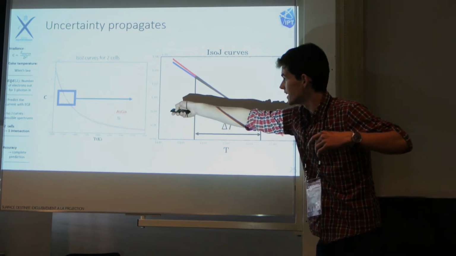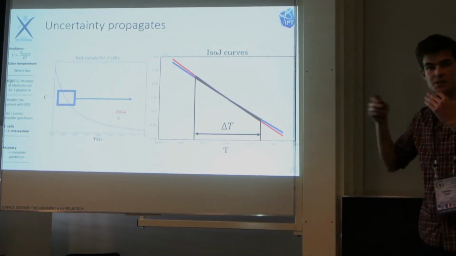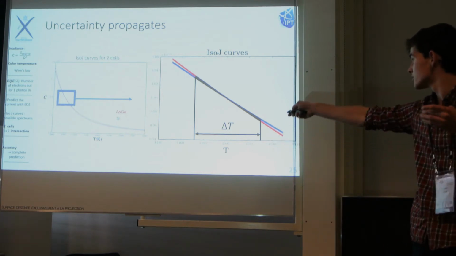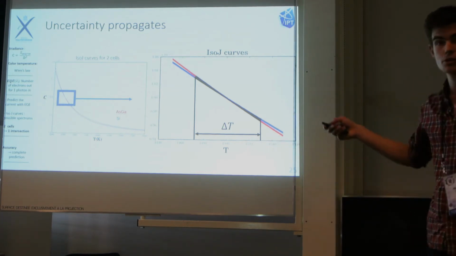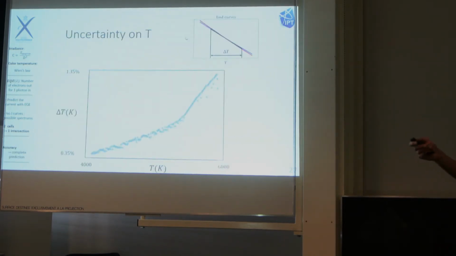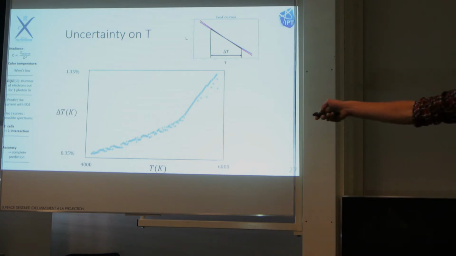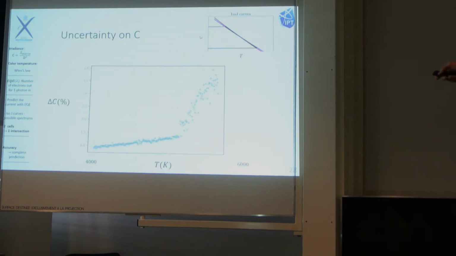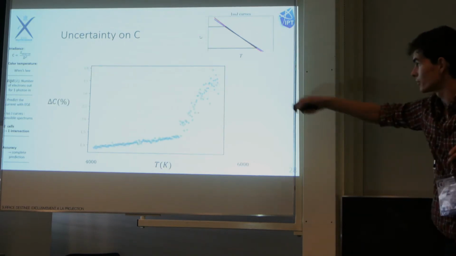We look for this intersection here, but as the curves have some width, we have some uncertainty which is larger because it has propagated when looking for the intersection. Now we can evaluate our uncertainty pretty easily. Here we see the uncertainty. We have a very good precision of around a few percent, and the uncertainty on irradiance is again several percent.